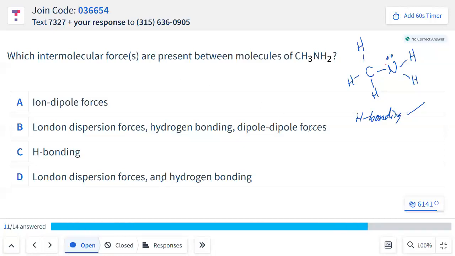So London dispersion forces are an automatic yes, regardless of the substance. Doesn't matter if it's polar or non-polar, they're always going to be there. We don't have any ions, so we can eliminate ion dipole forces. In addition to the hydrogen bonding, at the very least, we have London dispersion forces. The question is, do we have dipole-dipole forces as well?